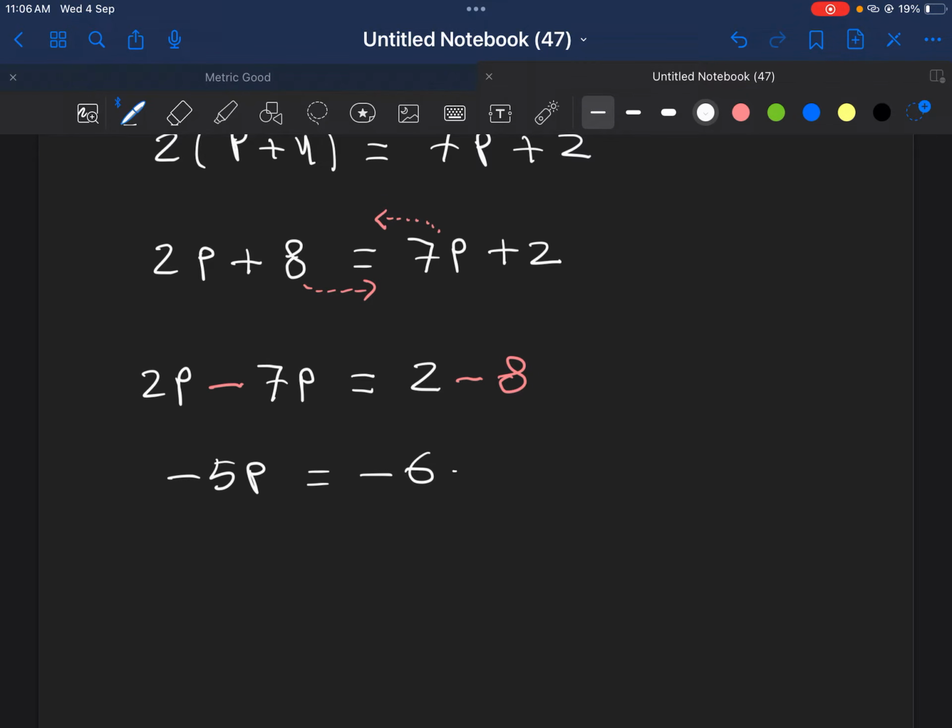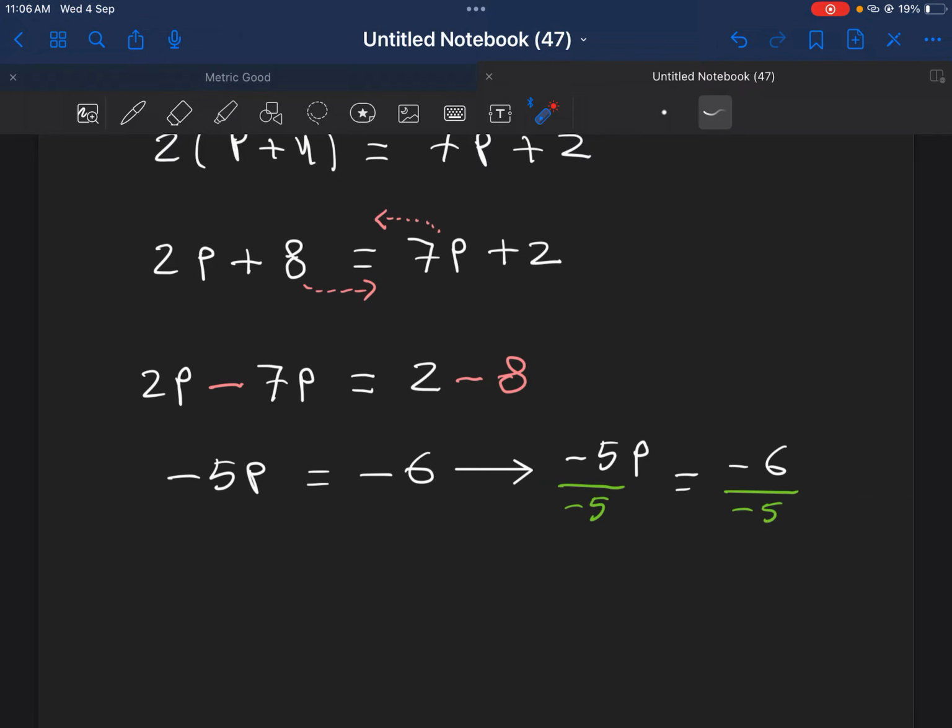Negative 2 minus 8 is negative 6. The last step, as we just did before, remember, if we have a number with a variable, the way to get rid of this number is by dividing by this number. So I will get negative 5p, I'll divide it by negative 5. I have to do the same thing to the other side. So I get negative 6, which I'll divide by negative 5.